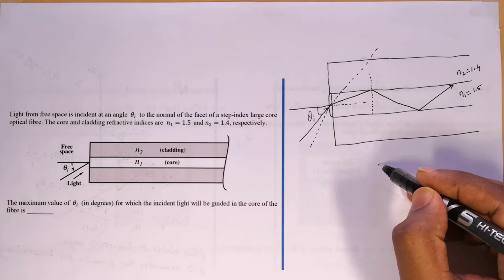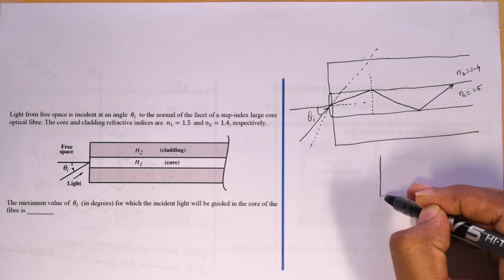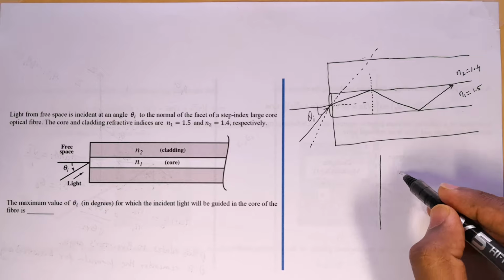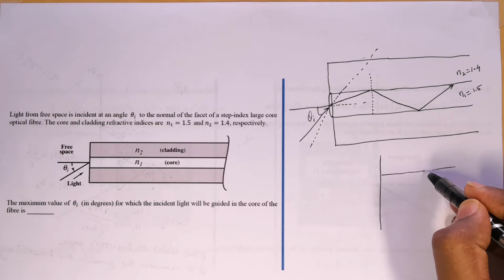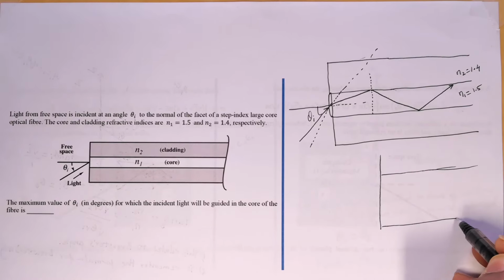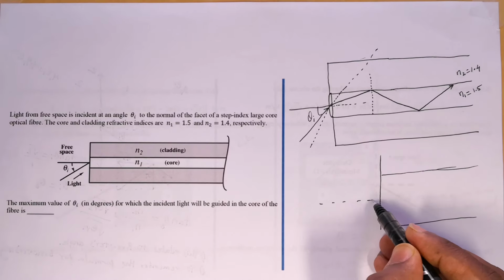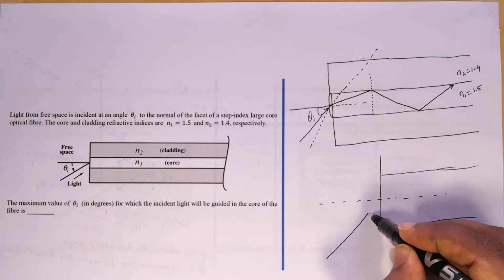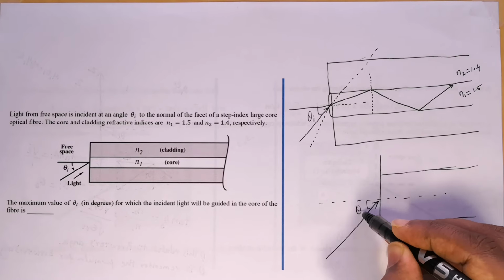So let me formulate the problem. Here we have the core surface, and this is the cladding. Now let me draw a normal here and an incident light. This is the maximum incident angle for which it is guided.